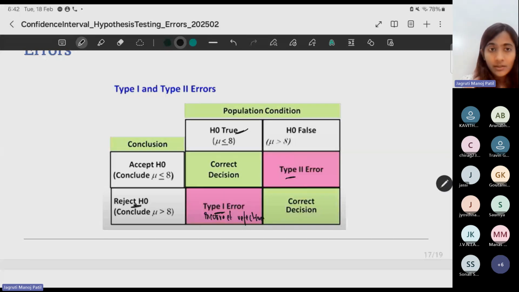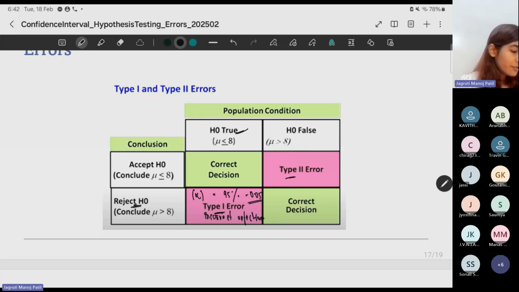We represent it by alpha, that is the level of significance. So the probability of something being significant is alpha, and we usually compute it in terms of a 95% confidence interval. For a two-tail test, it would be within 0.05, so alpha by 2 would be within those two values.